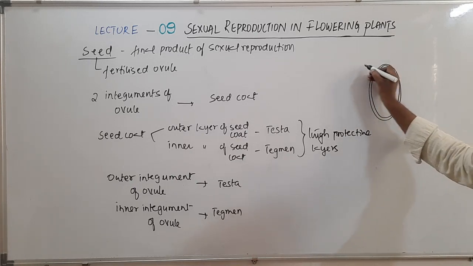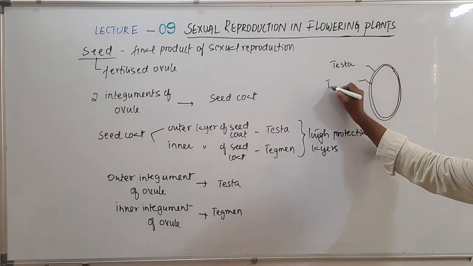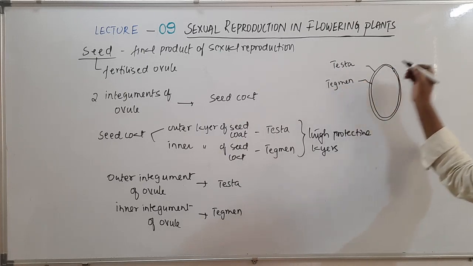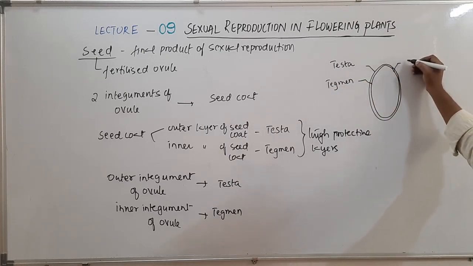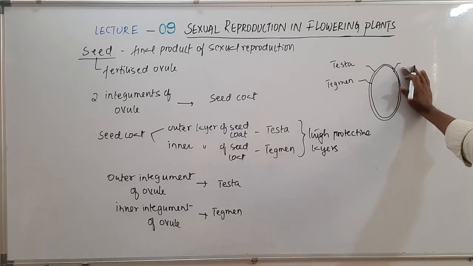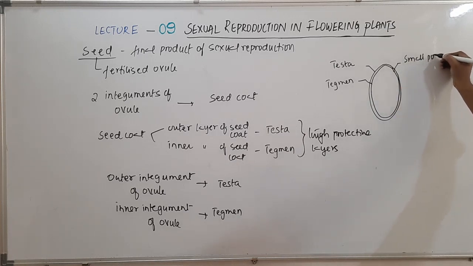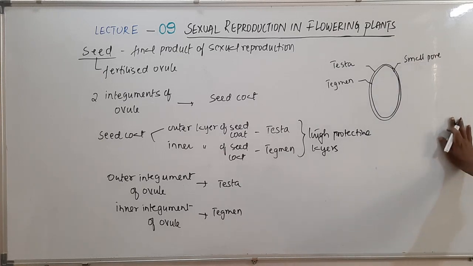This is the outer testa region, this is the inner tegmen region, and there is a small pore opening. That is the micropyle of the ovule. This micropyle will not be closed, so it will remain as a small pore.